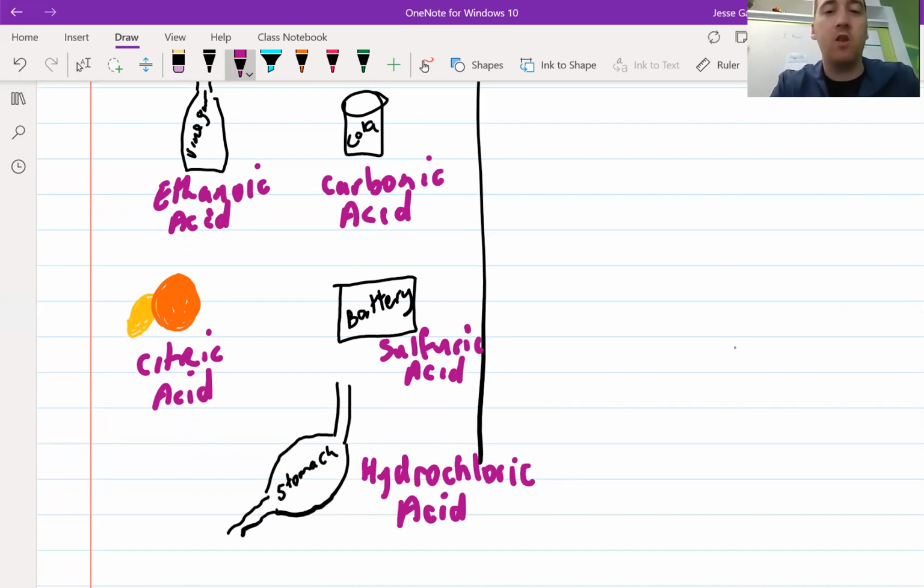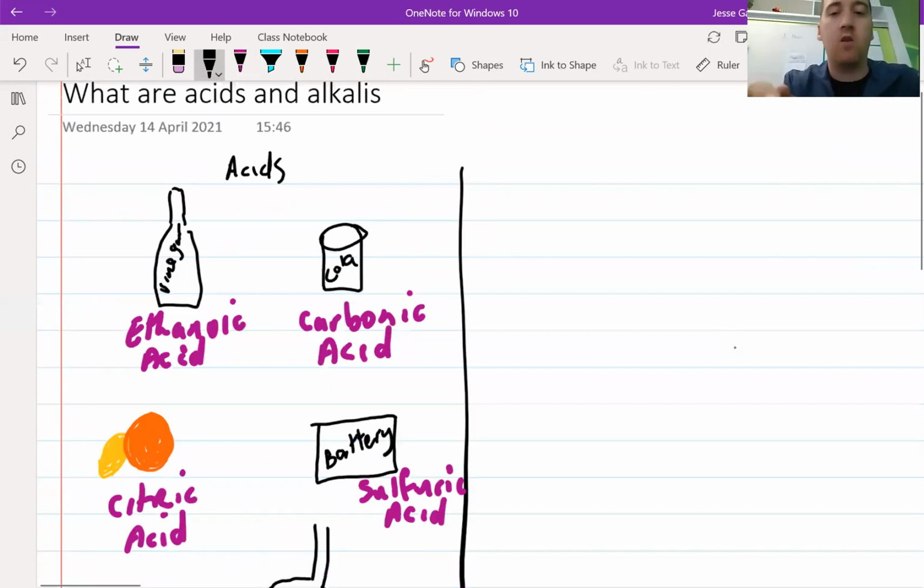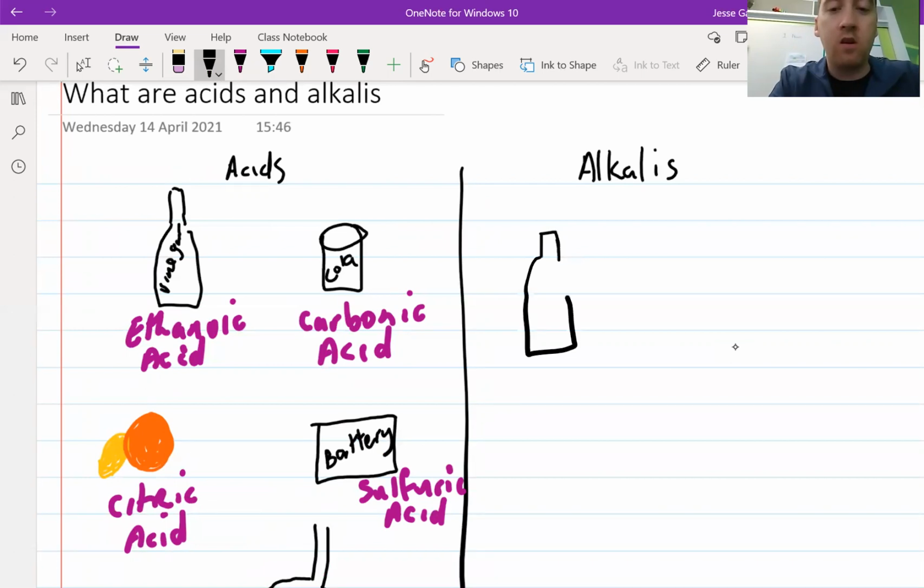What about this other group of chemicals called alkalis? Well, alkalis we find in things like bleach, used in the toilets. We find them in other cleaning products as well.